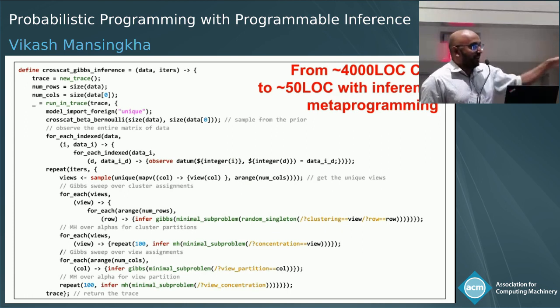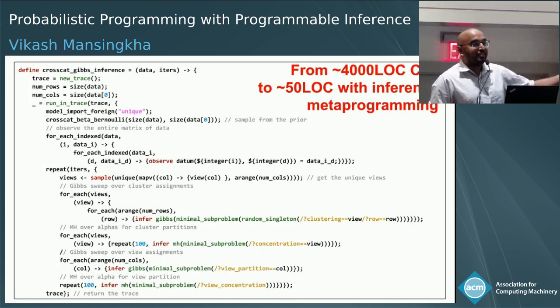Here, back-end systems that have seen commercial use are about 4,000 lines of C++, and they correspond to about 50 lines in a language like Venture with a complicated inference metaprogram that's using all sorts of different operations for different parts of the problem. Inferring model structure, adjusting different types of parameters, using different sampling and search algorithms, and even some interesting control flow to determine when you do updates to what variables.